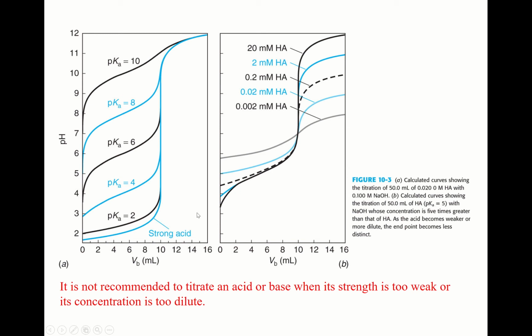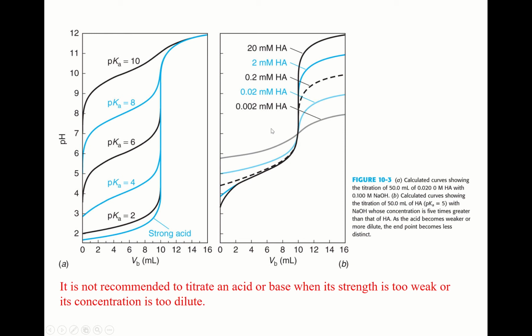When the weak acid concentration is higher, like 20 millimolar, we have a very clear titration curve. But as the weak acid concentration becomes smaller and smaller, this step size becomes also smaller and smaller, right?